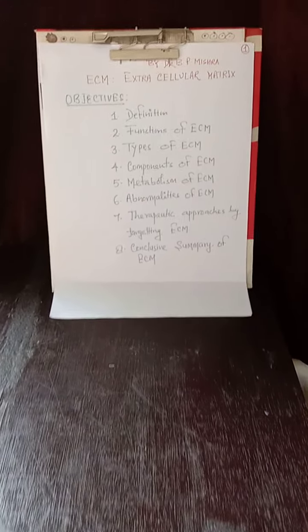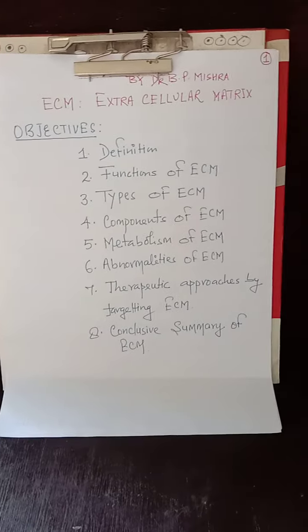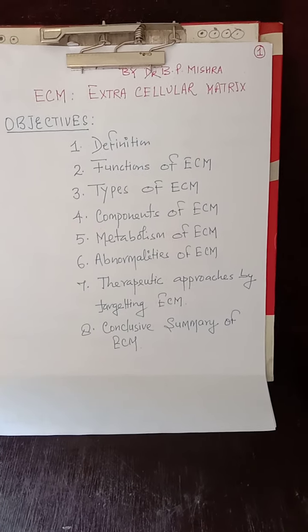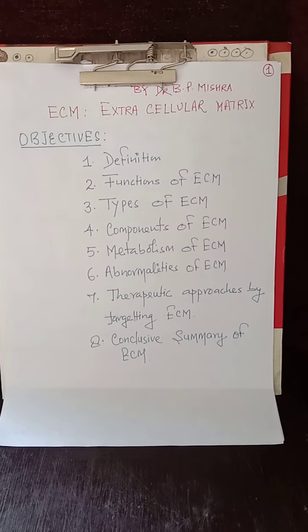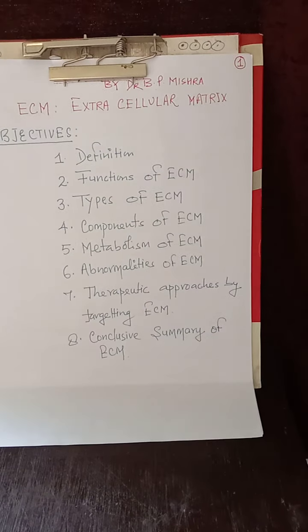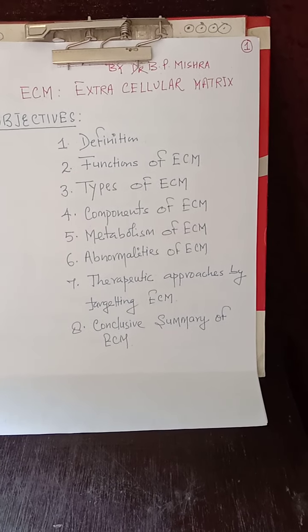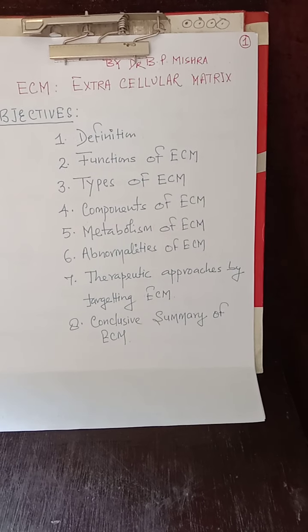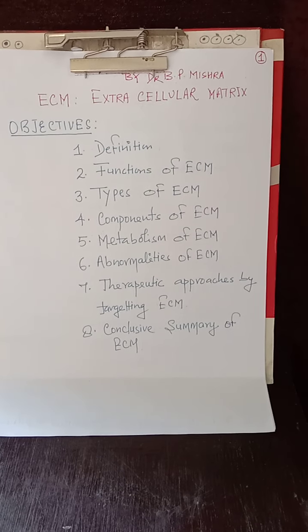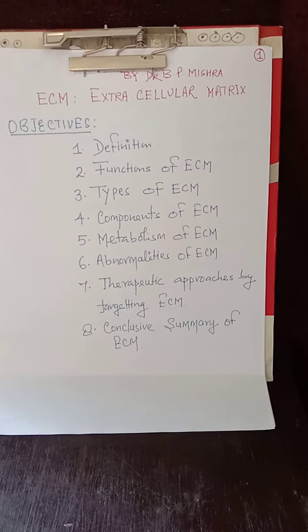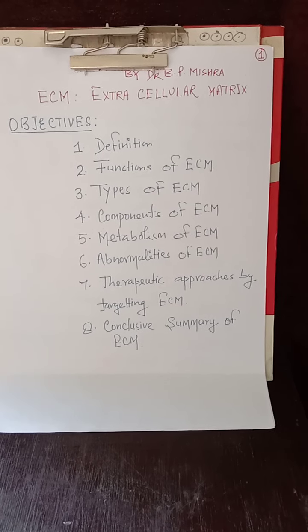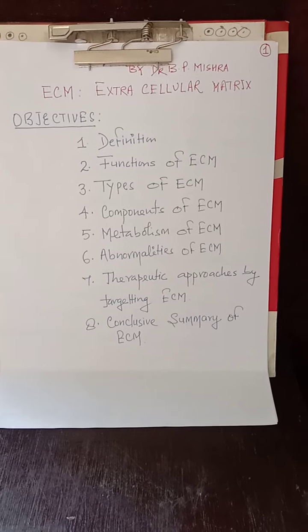Now the objectives of this extracellular matrix are: first is definition, second, functions of extracellular matrix, third, types or we can say phases of extracellular matrix, fourth, components of extracellular matrix, fifth, metabolism of extracellular matrix, and mainly in metabolism we will see the biosynthetic part of the extracellular matrix.